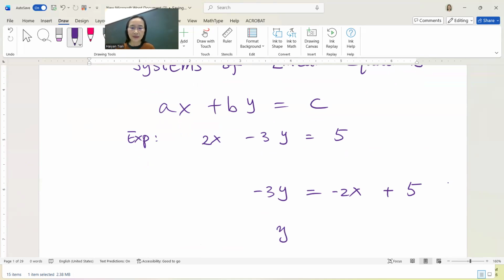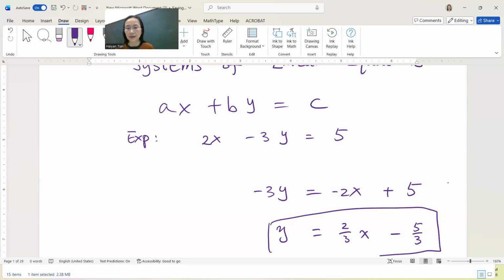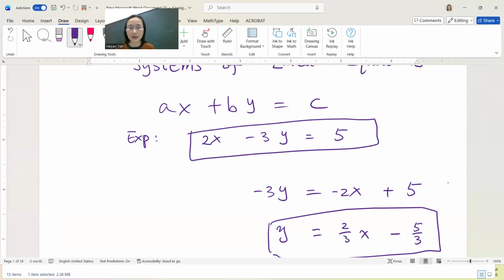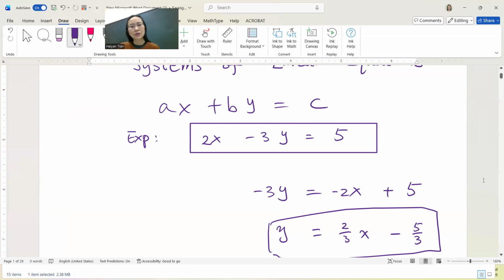Then I divide by negative 3. So this is just an alternative form of that equation. I just want to show that an equation of this form means a straight line in the xy plane.